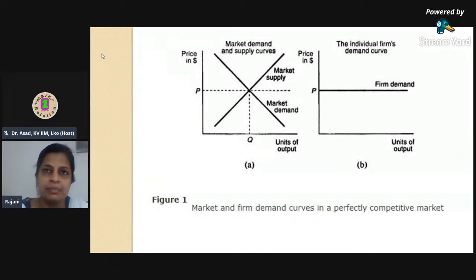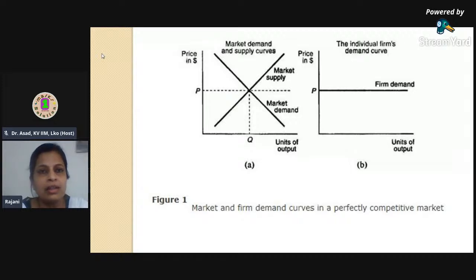Actually, the market is like perfect competitive market, and non-competitive markets are there. So besides perfect competition, there are non-competitive markets like monopolistic competition, oligopoly, duopoly. So there are different types of imperfect market or non-competitive market.